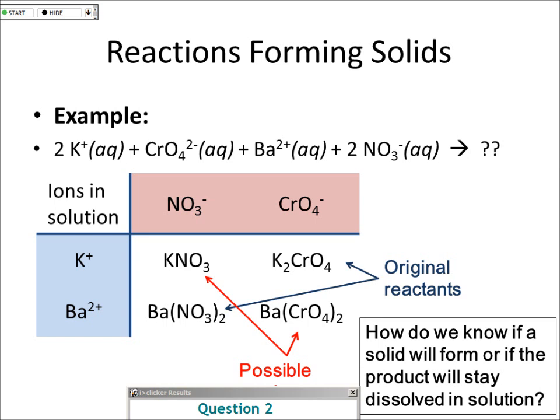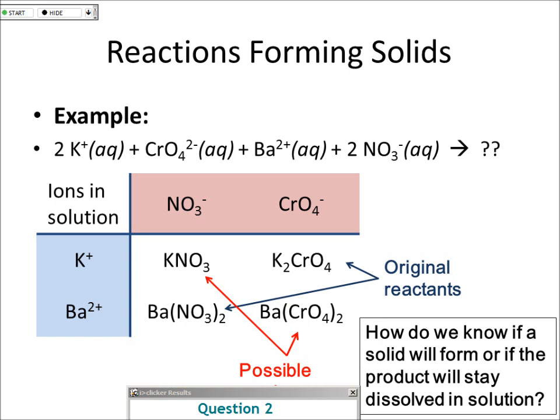Nope, KNO3. Am I doing this right? So far, so good. Plus BaCrO4. So the question is whether or not, if we put these things in solution, will they form these or not?